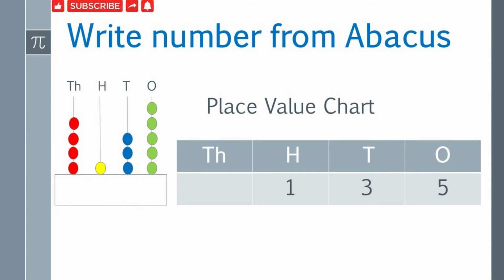So we will put 1 at hundreds place in the chart. And in the last, we have 4 red beads at thousands spike. So we will put 4 at thousands place in the place value chart. So the number from the given abacus will be 4135.